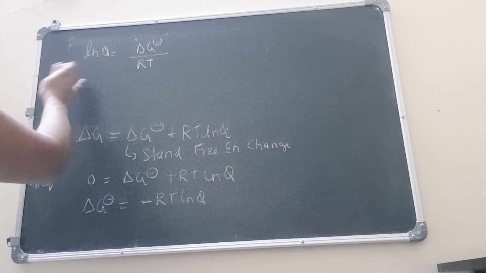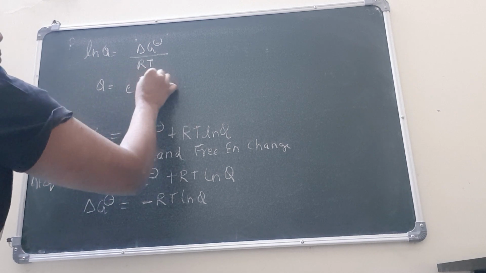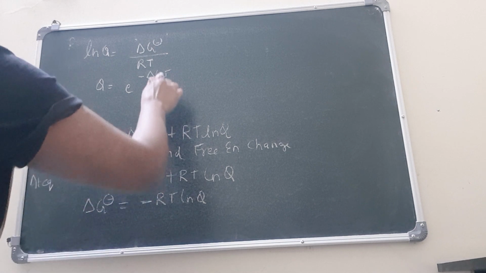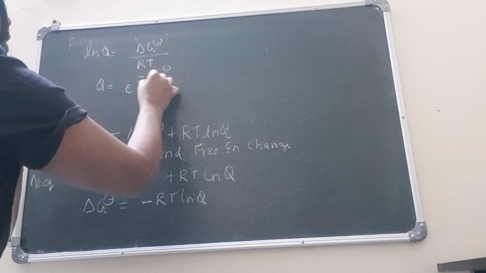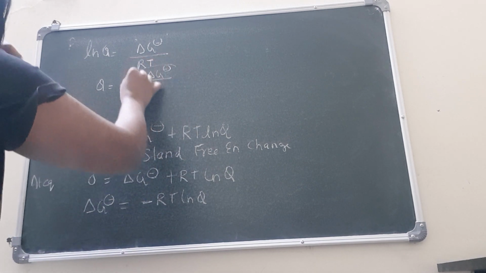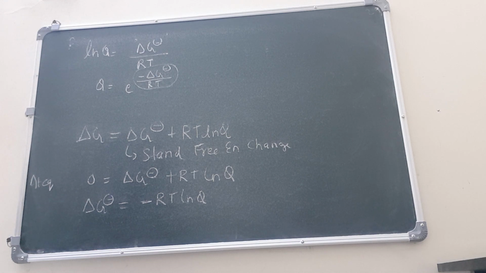And if you take anti-log on both sides, you will get Q is equal to e power minus delta G naught divided by RT. This is what I get.